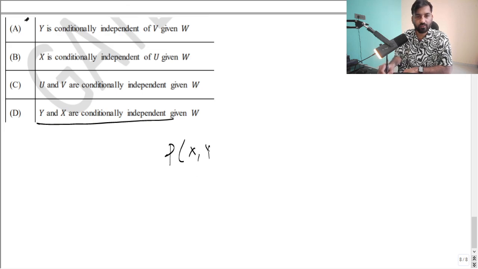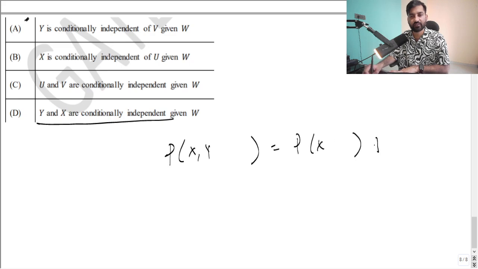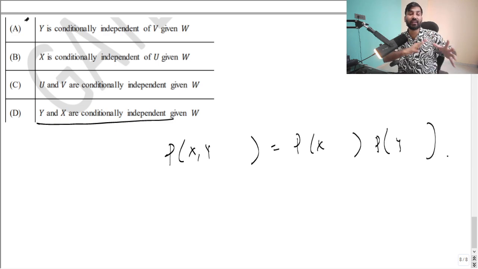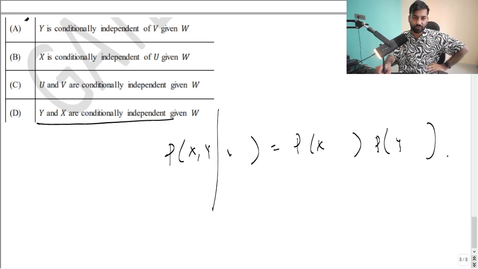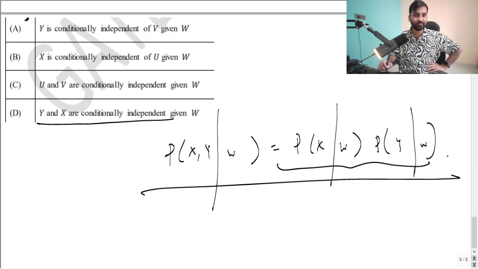Forget about conditional independence: if X and Y are independent, we say the probability of X times the probability of Y. Now what they are saying is Y and X are conditionally independent given W. Given W, it is present in the factors of the joint distribution, so this is true also.